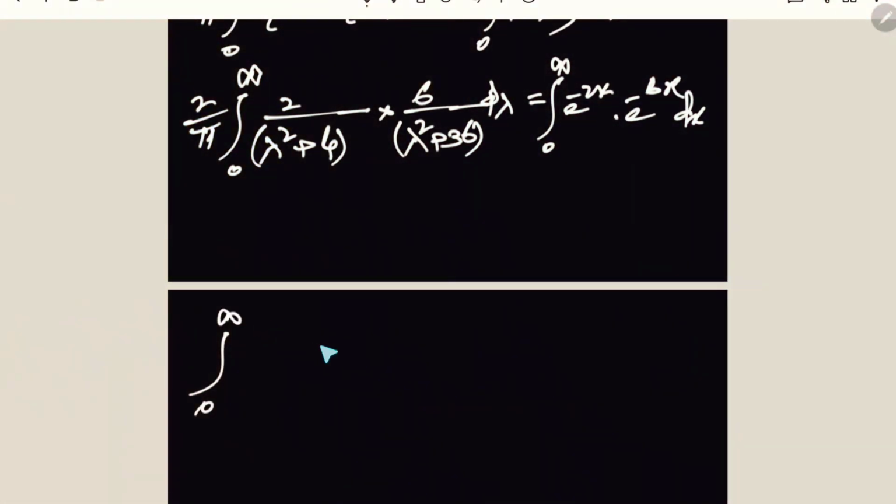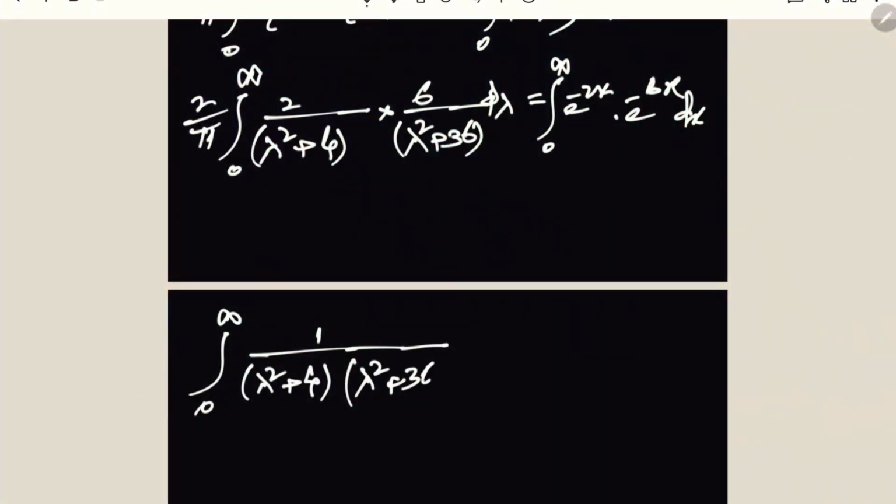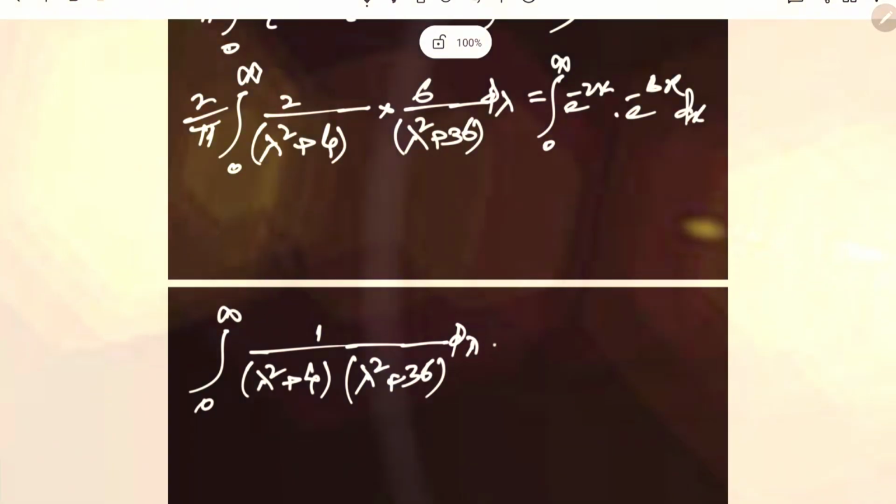Transferring 2 by pi to the other side, we get the integration from 0 to infinity of 1 upon (lambda square plus 4) into (lambda square plus 36) with respect to lambda, with 6 twos are 12 and 12 twos are 24.